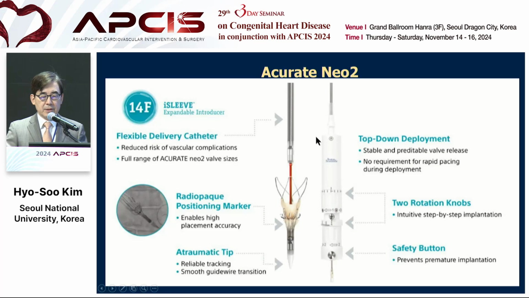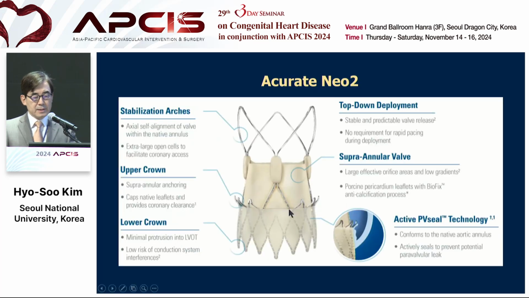Let's first introduce the AcurateNeo2. The unique feature of this self-expandable valve is the top-down deployment process that is different from Navitor and Evolut. This is the structure. The first release is the upper crown, then the arch.